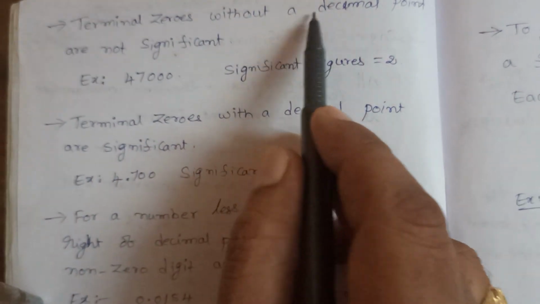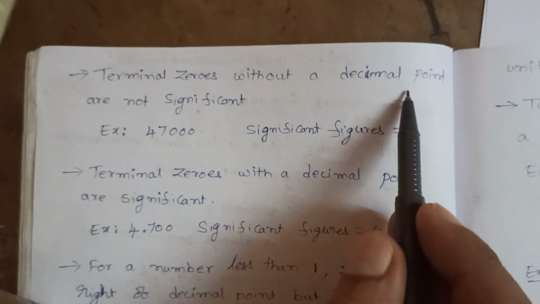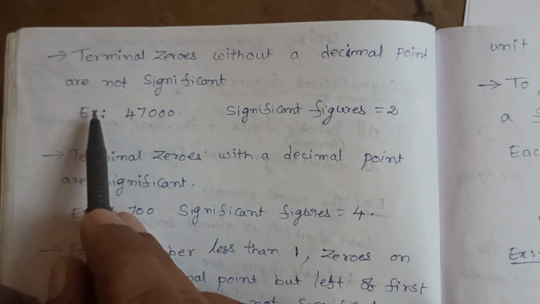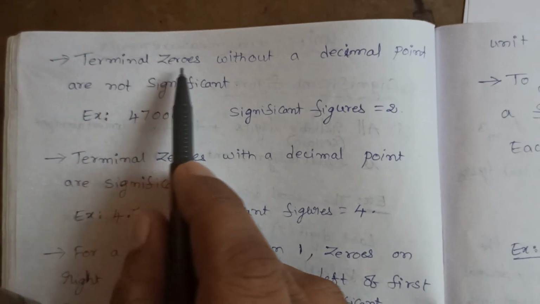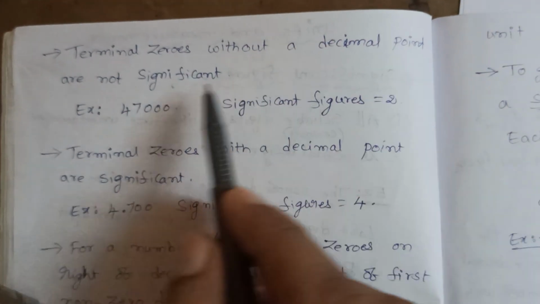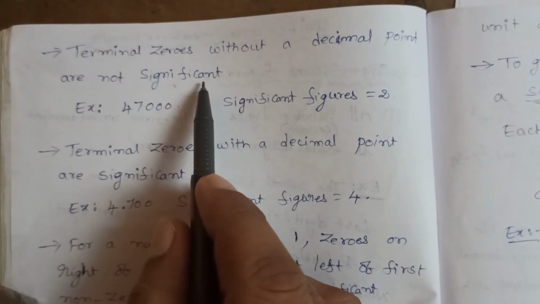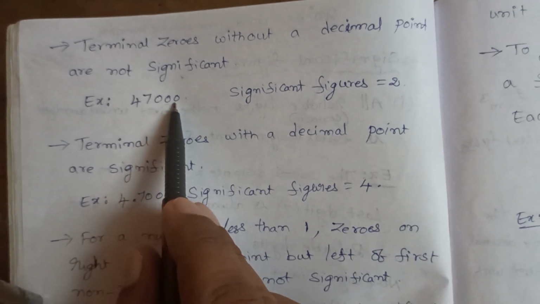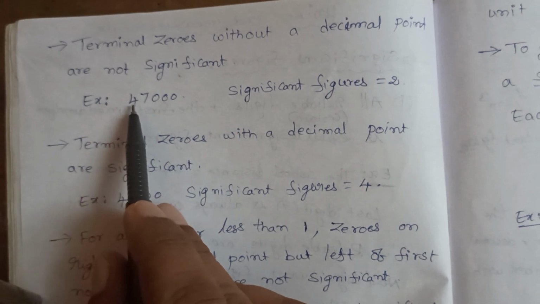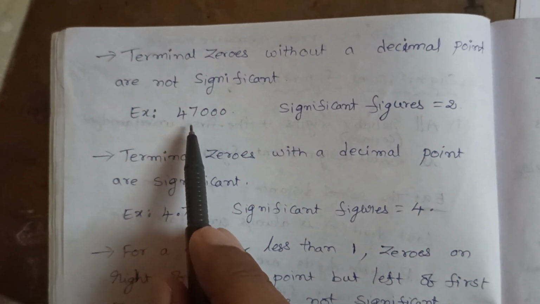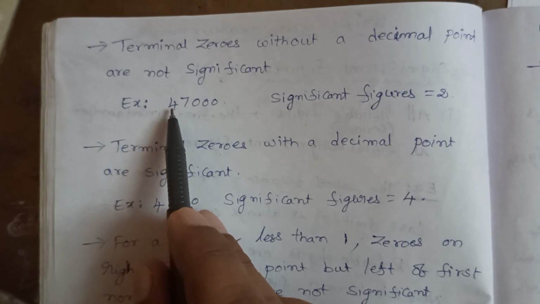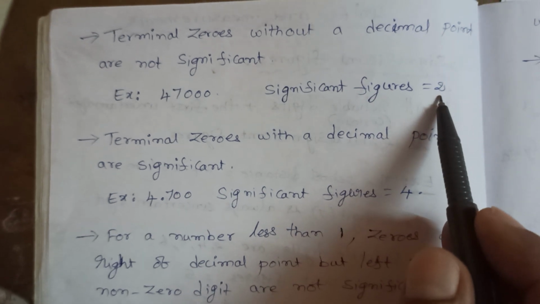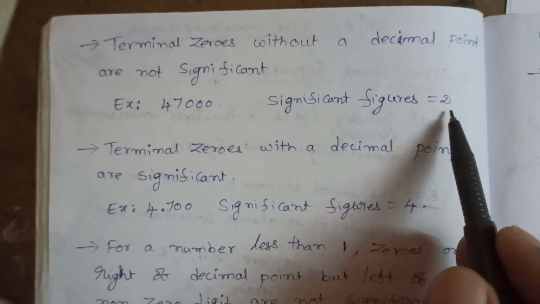Terminal zeros without a decimal point are not significant. So here we do not take these three zeros while counting the significant figures. Here there are only two significant figures. We consider only two numbers, those are 4 and 7.